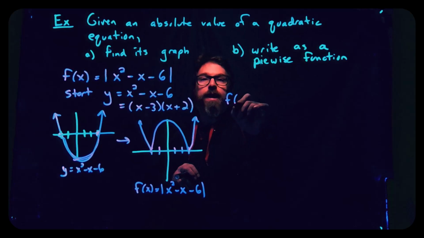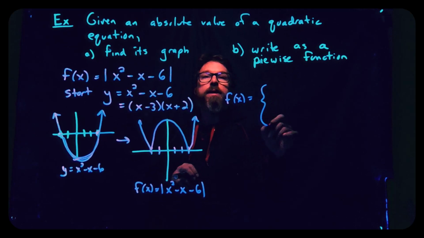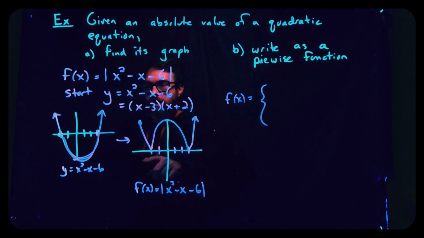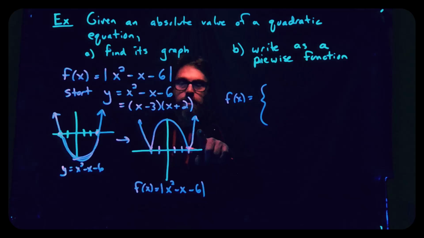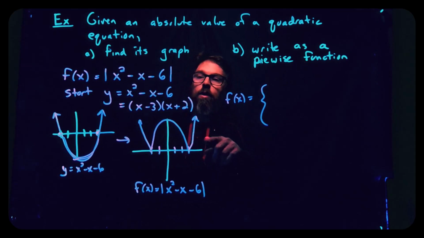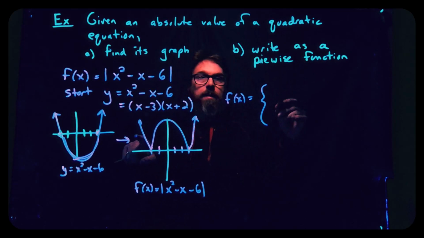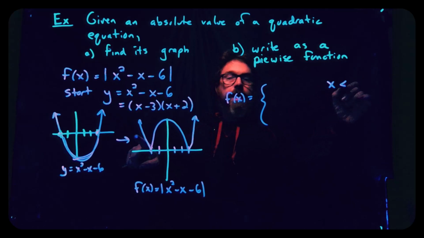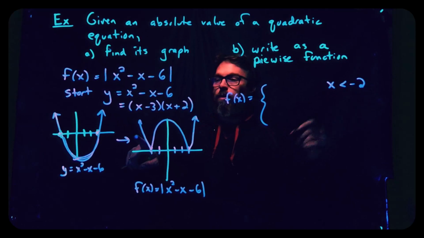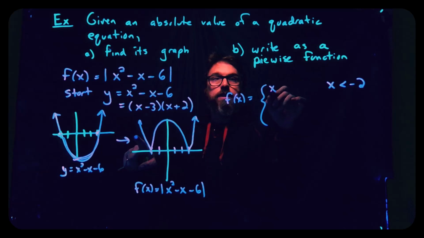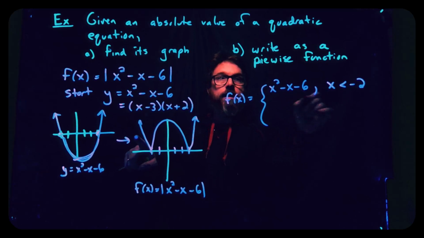Well, what does f of x look like that way? How many pieces? We can see that we have this piece down here, this middle piece, and then this piece over here. So when x is less than negative 2, it's going to be the original function, x squared minus x minus 6.